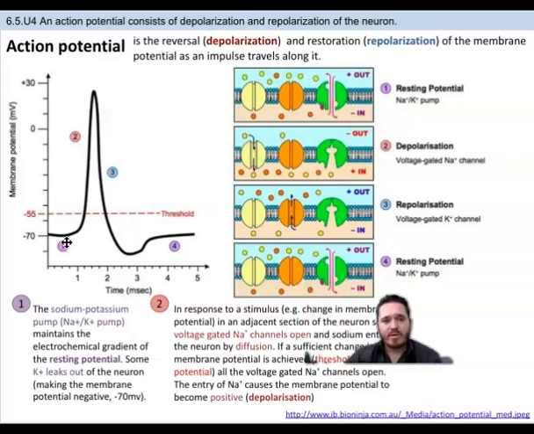Okay, it has that similar graph that I was using. The first part, remember, is the resting potential has to be maintained as the neuron is not firing. If it's not receiving a stimulus, then it's going to keep that same resting potential at -70. And it's the sodium-potassium pump that does that through active transport.